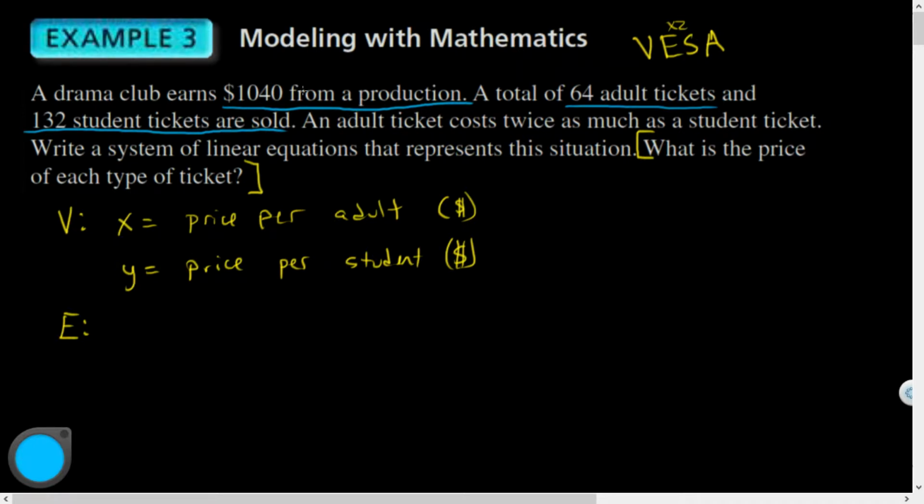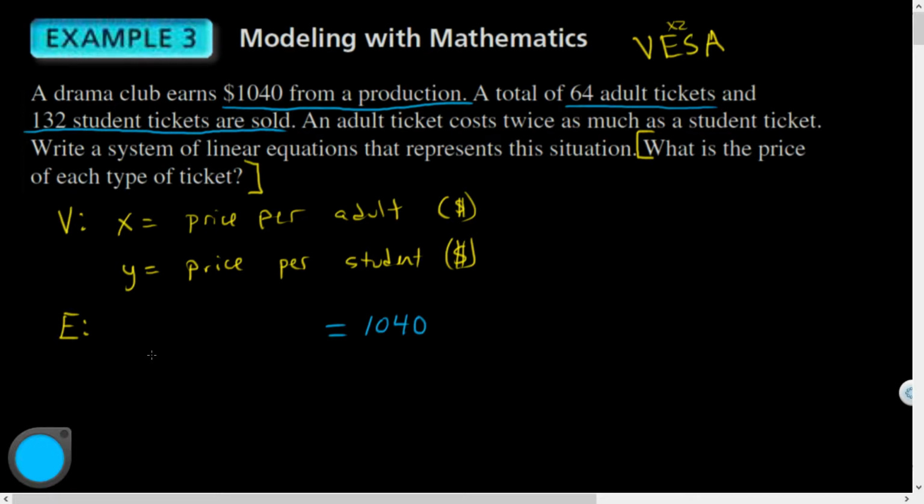Based on those blue facts and these variables, I'm going to try to write an equation that represents that. So if that's the amount of money they brought in, I'm going to write an equation that equals that total amount of money. Their money came from two areas. The amount they made from the adults and the amount they made from the students.